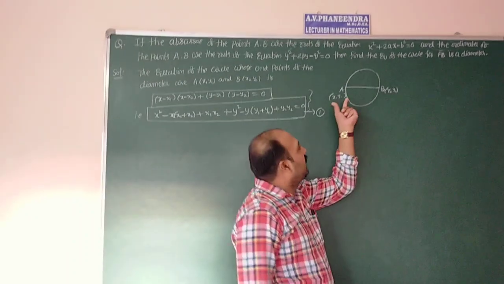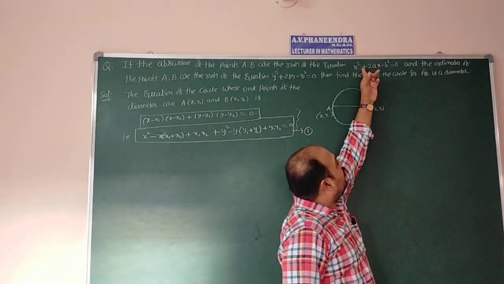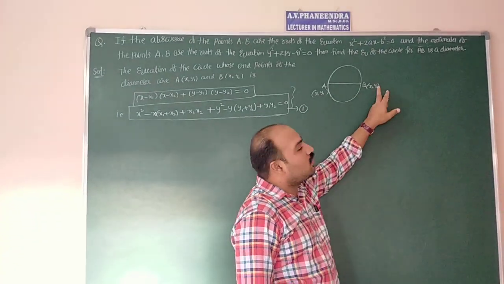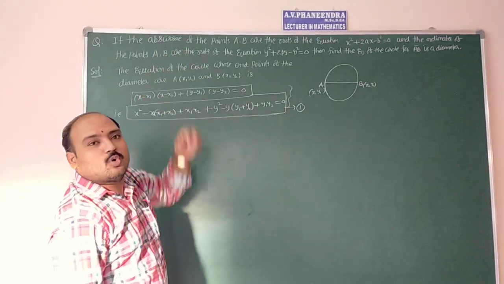In this, x1, x2 are roots of the first equation, y1, y2 are roots of the second equation. Abscissa means x coordinates.